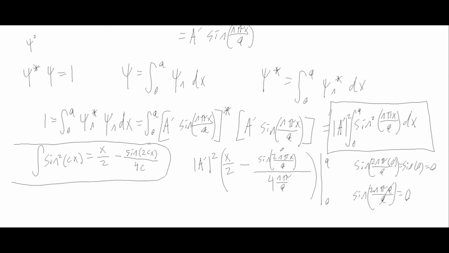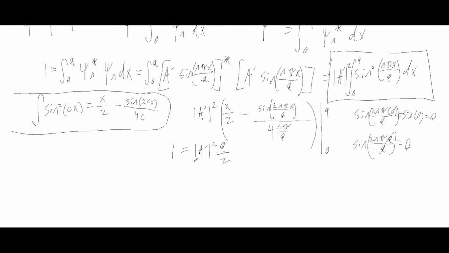So this is 0 in all of these, and if x equals 0, then it's 0 again. So we just end up with a prime squared a over 2. And remember, we have set this equal to 1. And so we end up with this.